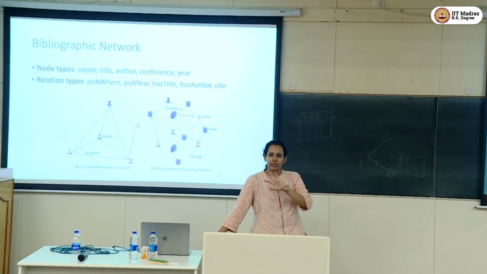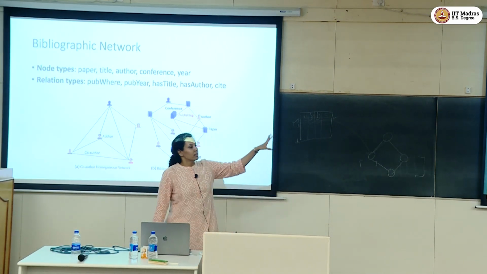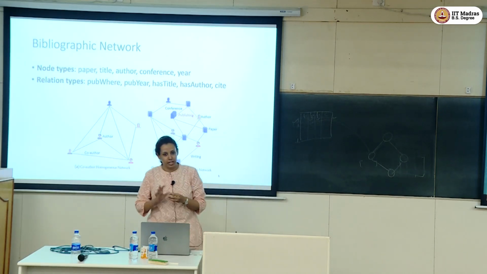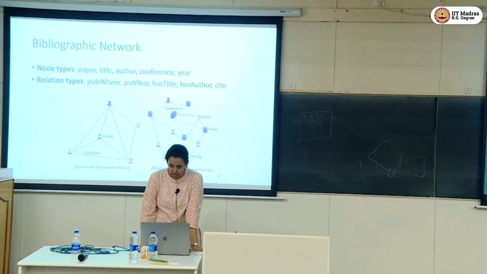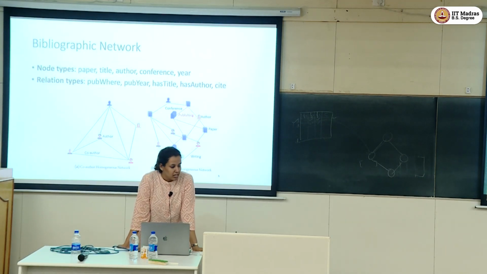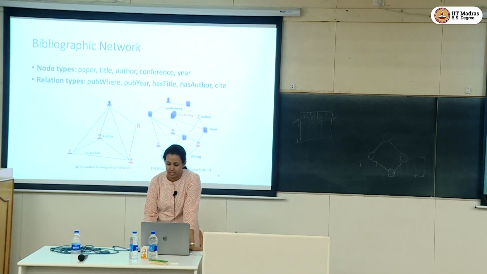So multiple types of nodes and edges, so it's heterogeneous. The bibliographic network has a few datasets that are very popular that we use for research, such as Cyber, DBLP, and other scientific publication datasets. I have some tables later which mention the datasets that we use for GNNs.